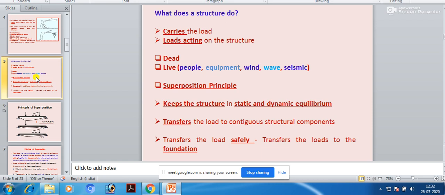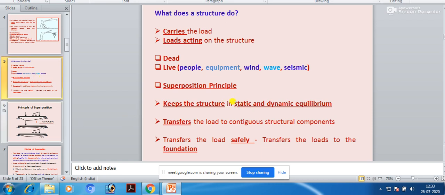Okay. Now if you want to keep your structure safe, that means the structure should not fail. In such a case, you must be considering two kinds of equilibrium.